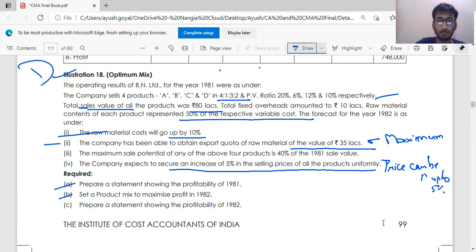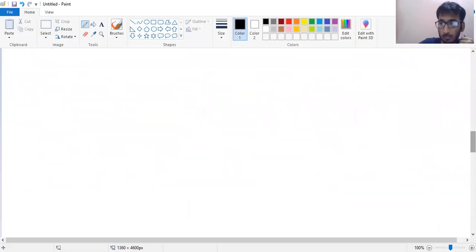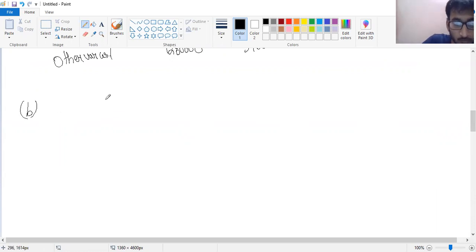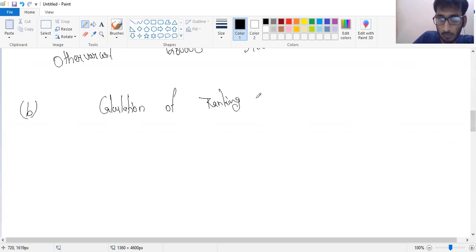So let's calculate the B part, calculation of ranking, in which product to be produced.